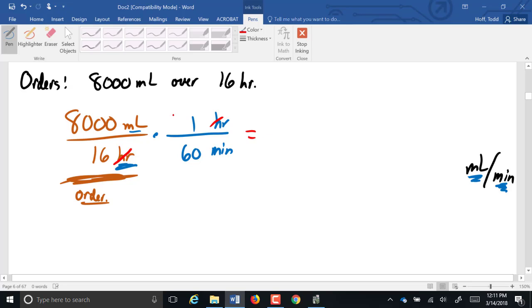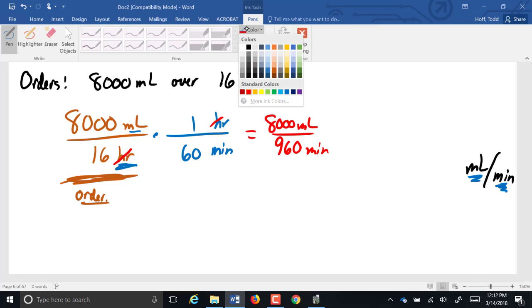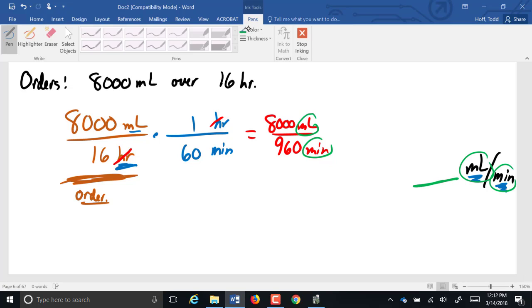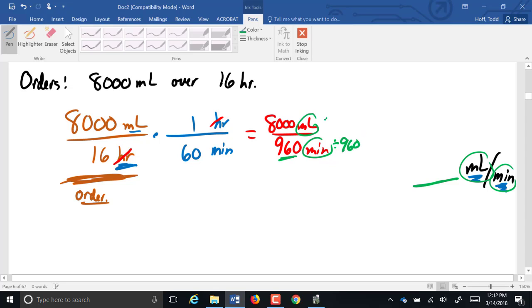So 8,000 milliliters times 1 is 8,000 milliliters. 16 times 60 is 960 minutes. Now we have the rate units. We have milliliters per minute, and that's what we want, milliliters per minute. We just need to convert this into a unit rate, which is going to be done by dividing by the numerical amount in that second number, which is the 960.